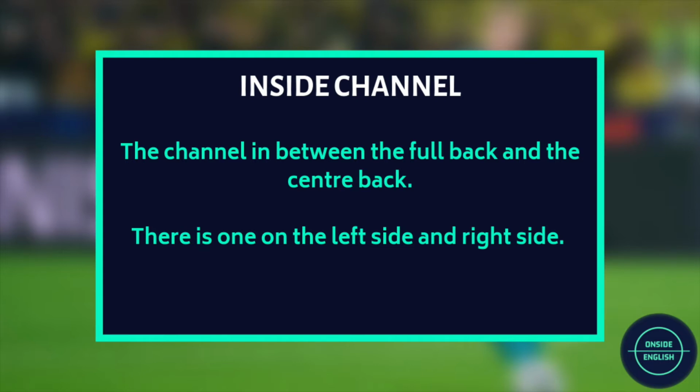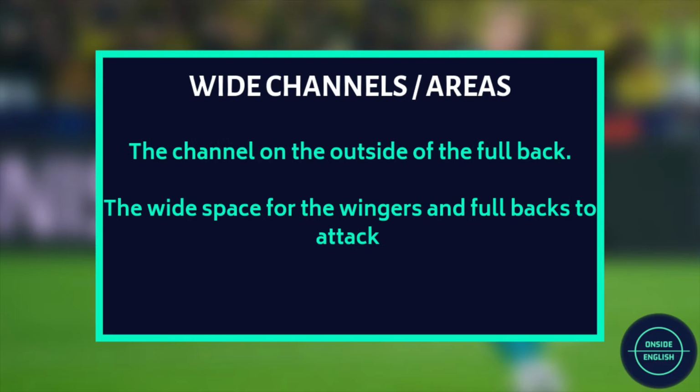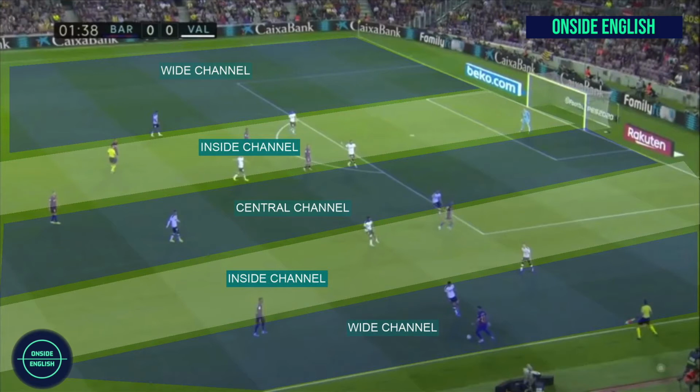There is one on the left side and the right side. Then they are the wide channels or wide areas. This is the channel on the outside of the fullback. The wide space for the wingers and fullbacks to attack. And you can see how they work on the pitch in this image.